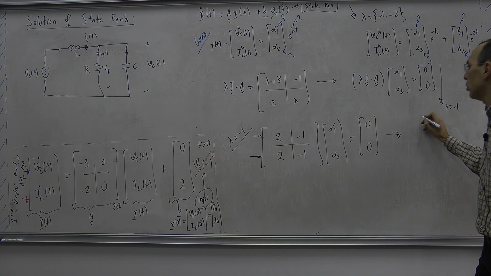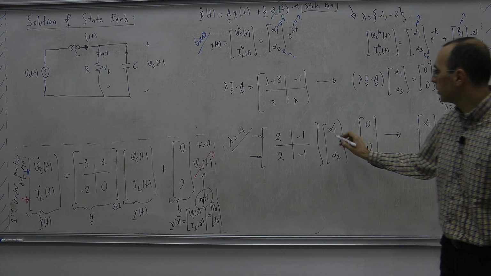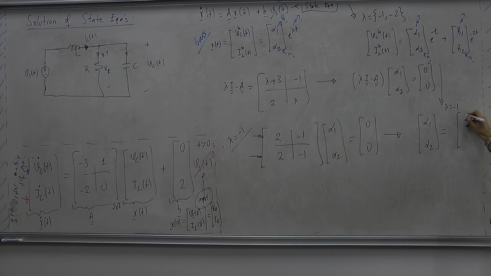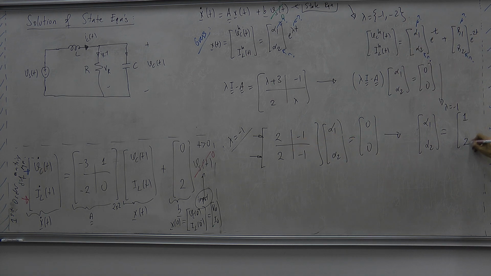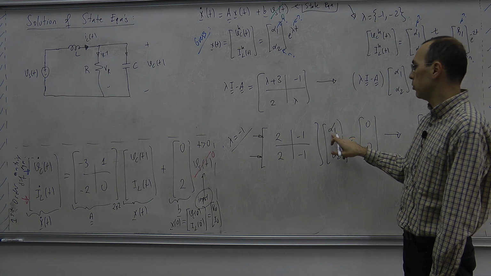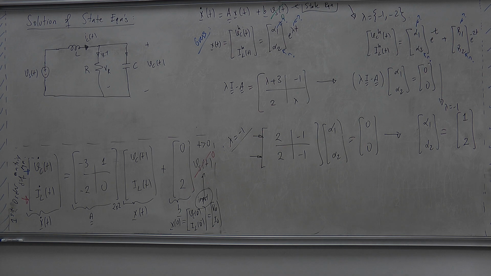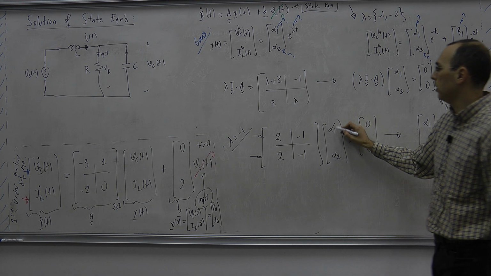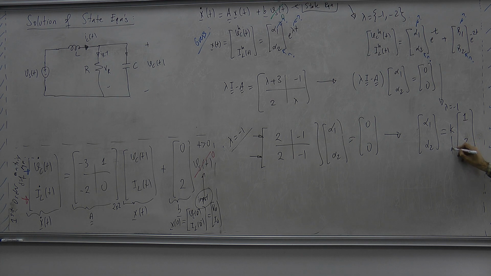Why do I say so? Because if I select, for example, alpha 1 as 1, then alpha 2 is equal to 2. If I select 1, 2, as you see, this makes it equal to 0. But I can multiply them by any value k. I can select the first one as k, then the second one will be 2k. So for any k, this is also satisfied.